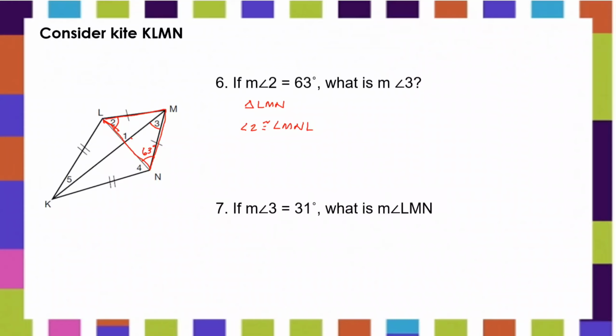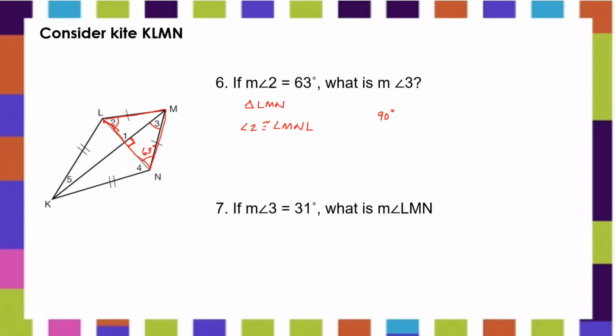Ibig sabihin, this angle is right angle. So, this measures 90. At alam naman natin na ang sum ng lahat ng angle sa isang triangle ay equal to 180 degrees.